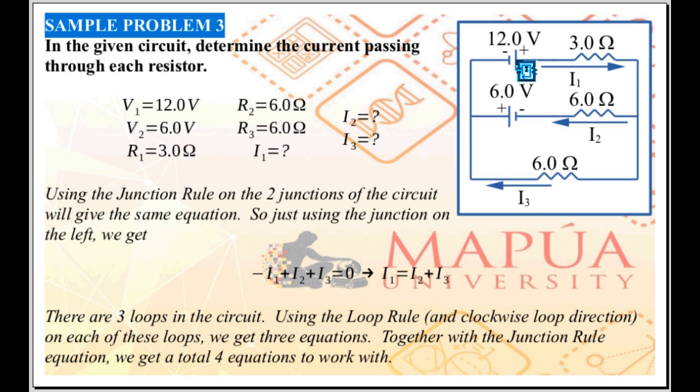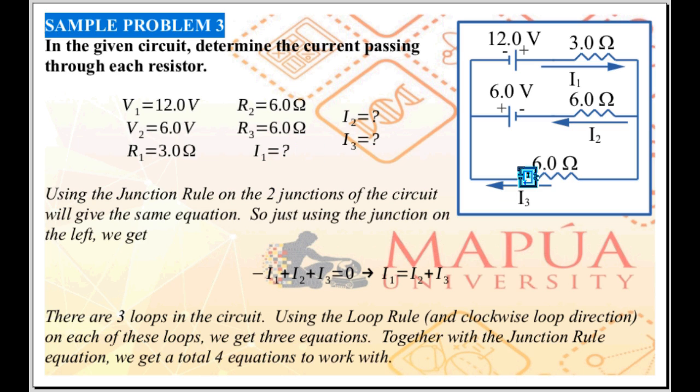We see a 12 volt EMF source, so let that be V1. A 6 volt EMF source, let that be V2. Let the 3 ohm resistor be R1, and R2 be the 6 ohm resistor for current I2. And for current I3, we have resistance R3, 6 ohms.